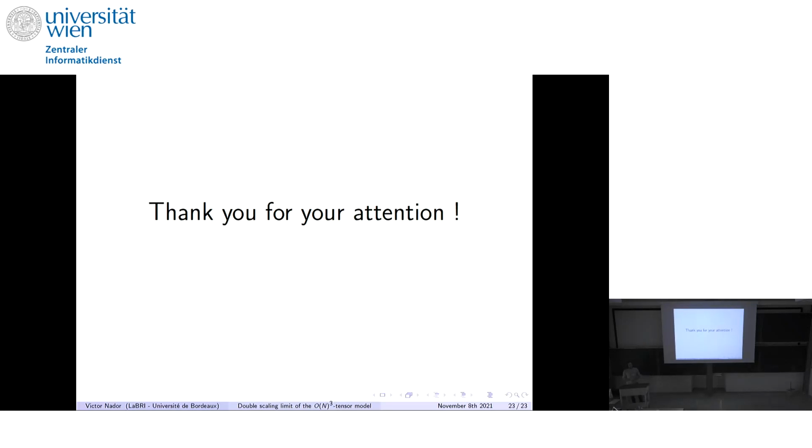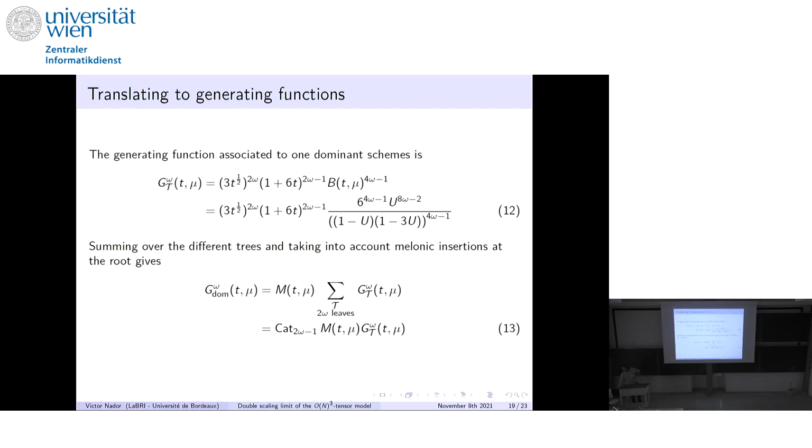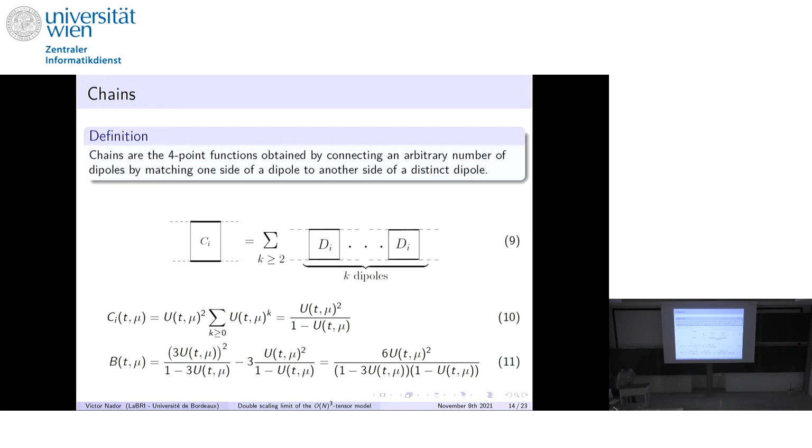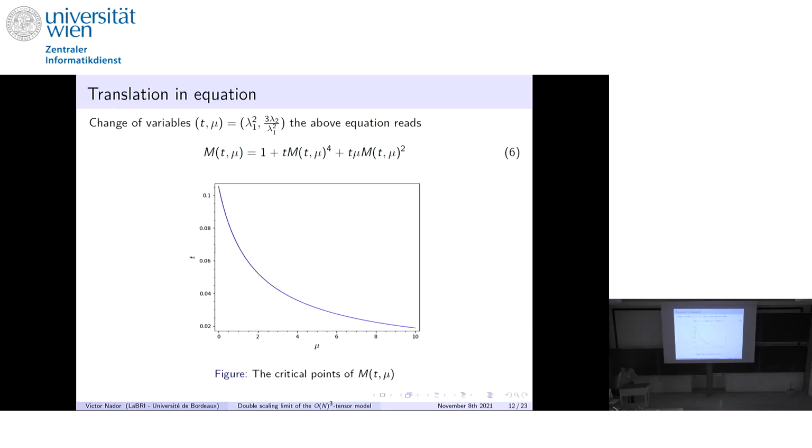Yes. Okay, that's something I did not include in my slide. But basically, when you do this perturbative expansion, you expand around the origin. And so there's a competition between, so here you have the graph in t and mu. And so you have to look at which singularity you will encounter first when you play with your parameter.